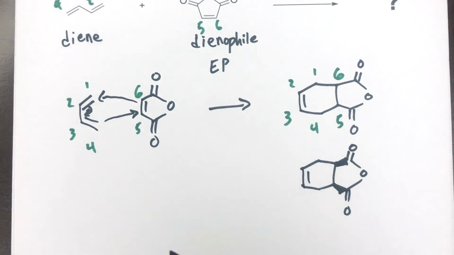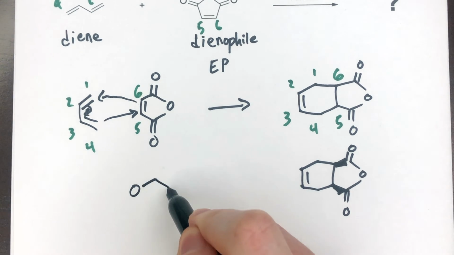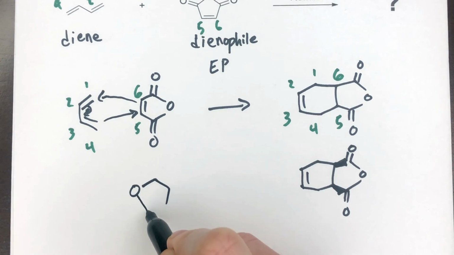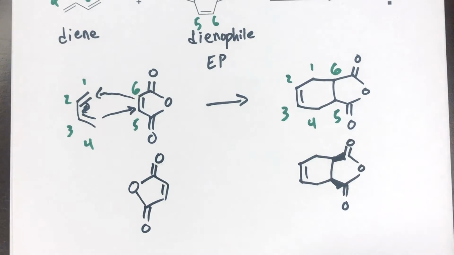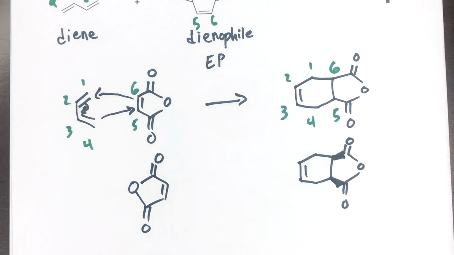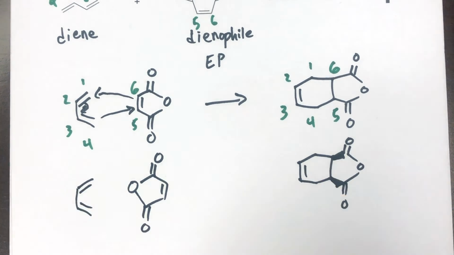But could it approach from the other direction? Right, like this. Just like we looked at in the previous example. Is there any reason that it can't do this? It kind of appears like there's a lot of sterics here, right?